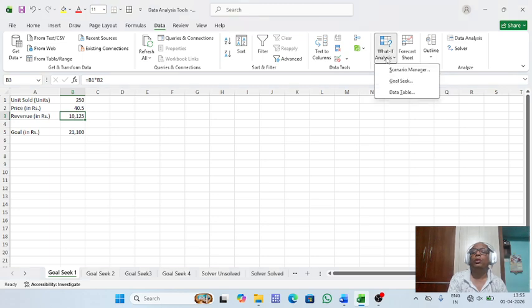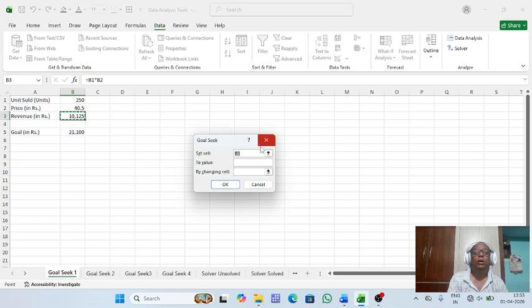So go to Goal Seek, and in Set Cell click this one, because we want a revenue of 21,100, and by changing which cell? Not the price, we change the units sold. How many units must be sold to get a target value of 21,100?